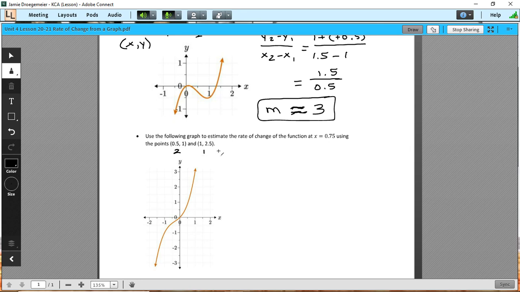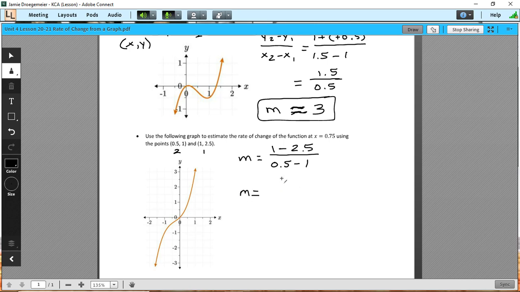Like I said, it doesn't matter as long as you are consistent in pulling the same x and y value from that point. All right, and so our slope, m, is going to be equal to y2, which is 1 from this first point, minus the y value from the second point, which is 2.5. Denominator, we're going to take the x value from 2, which is 0.5, and we're going to subtract the x value from 1, which is 1.